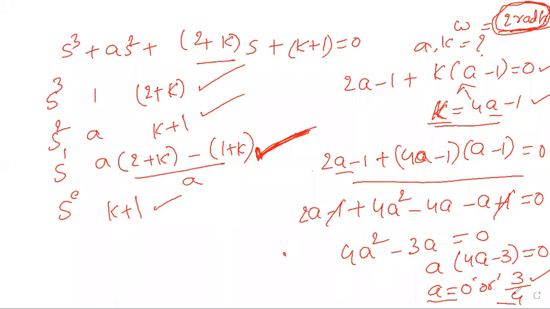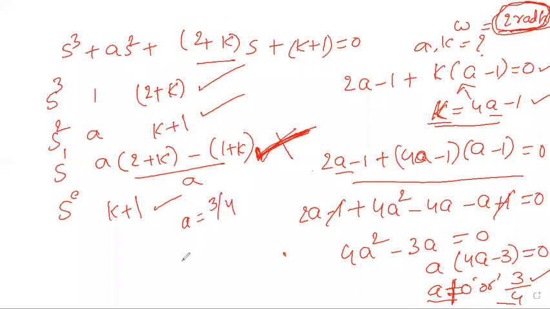Why is a equal to 0 invalid? If you place a equal to 0 here, you are getting infinite. That's why it is an invalid value.